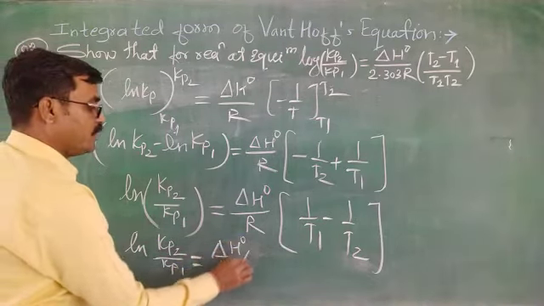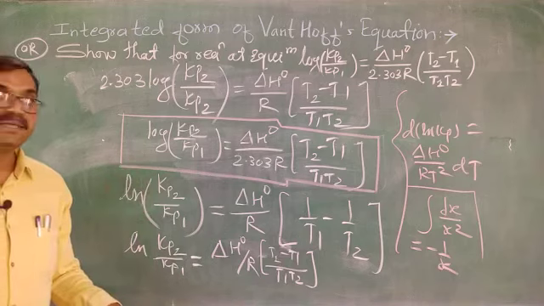And you must know the rules of integration. The first is that the integration of dx is x, the second is that the integration of the derivative of ln x is ln x, and again you must know the integration of dx upon x square as minus 1 by x. If these rules are known to you, then you can find the integrated form easily.